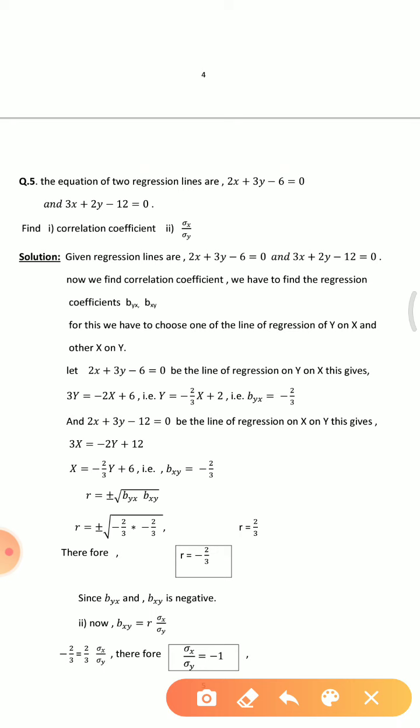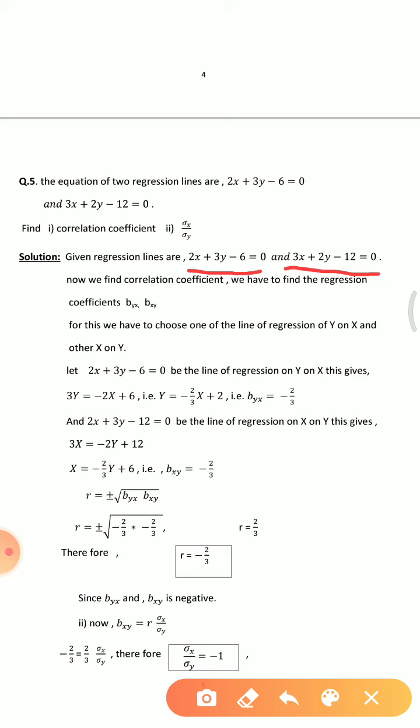The given regression lines are 2x + 3y - 6 = 0 and 3x + 2y - 12 = 0. It is not given which is y on x and which is x on y. So we have to assume that one line is y on x and the other is x on y, because we have to find the correlation coefficient.